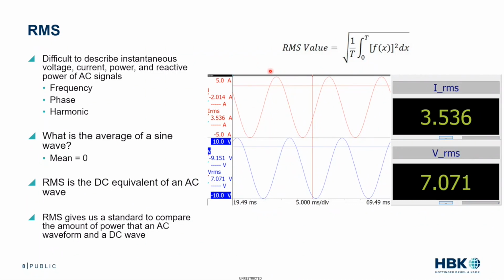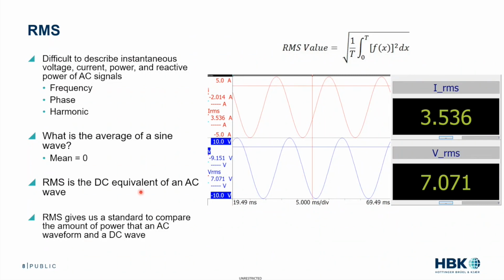That's not useful. But if we square all the points and take the average, the square root of the average of those points, we get a really nice DC equivalent of what our waveform is. So for my sine wave with a given frequency and an amplitude of 5 amps, my RMS ends up being 3.5 amps. For my voltage with a 10 amp peak, my RMS ends up being 7.07.